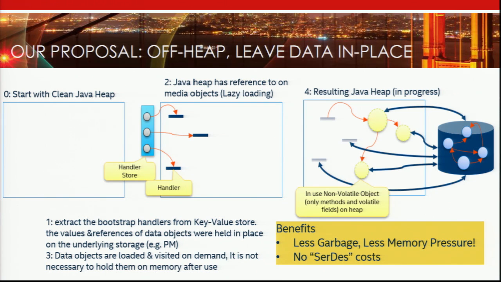So it's a key-value store that tells where our data is. When we need certain data, we only load the methods and the volatile fields into the Java heap. The rest of the data can be accessed directly via get and set operations through the data structures stored inside the storage.